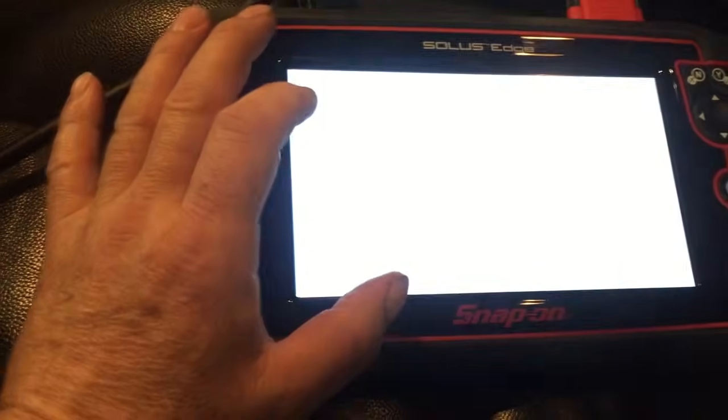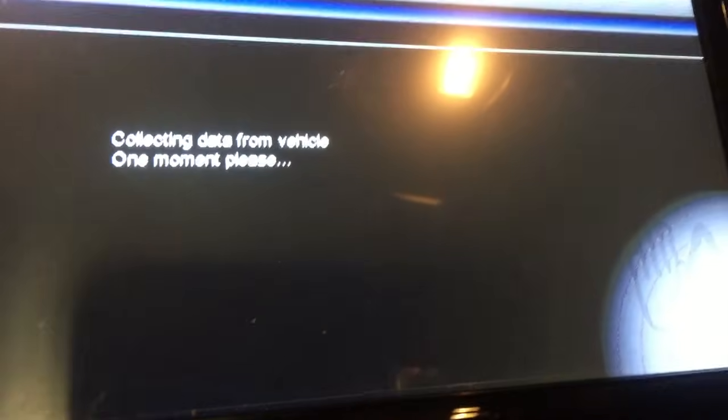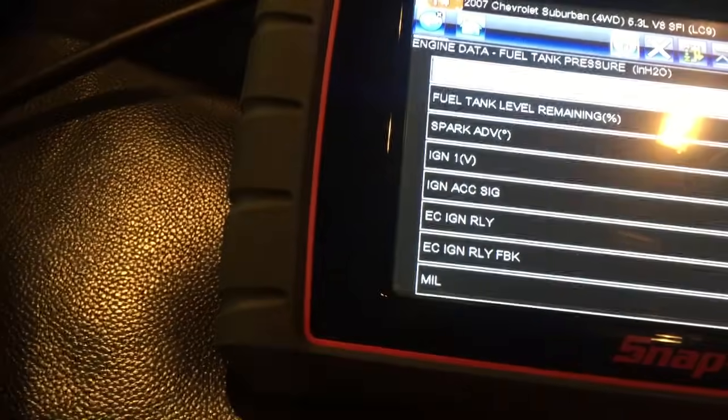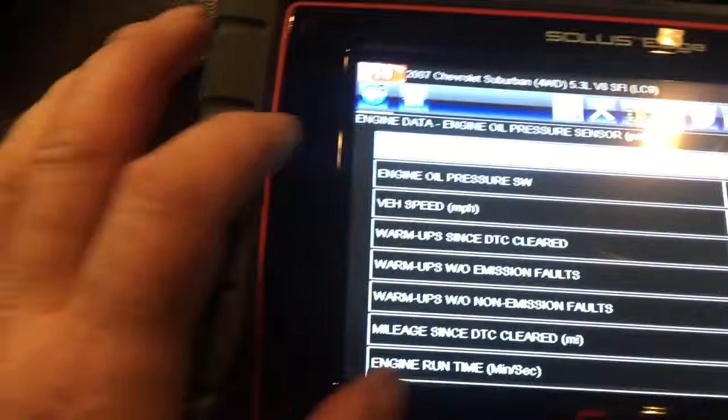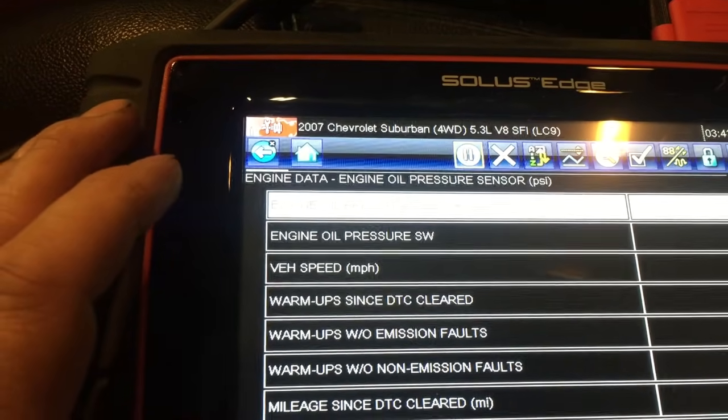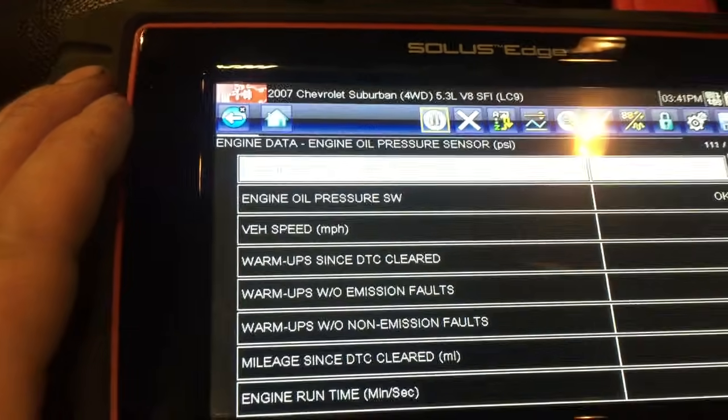No more check engine light. Let's go ahead and look at the data again. Engine oil pressure sensor is reading 59 pounds. Looks good. All right, that pretty much wraps this one up.